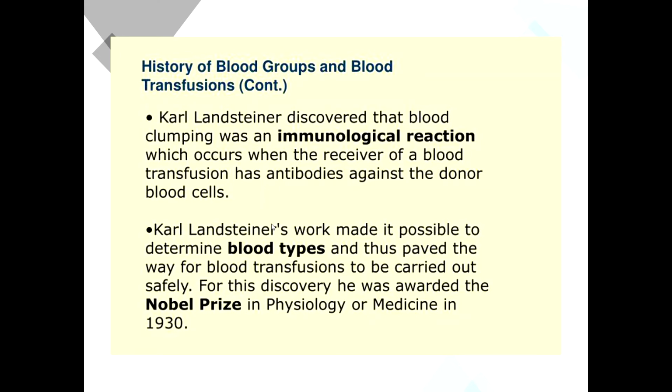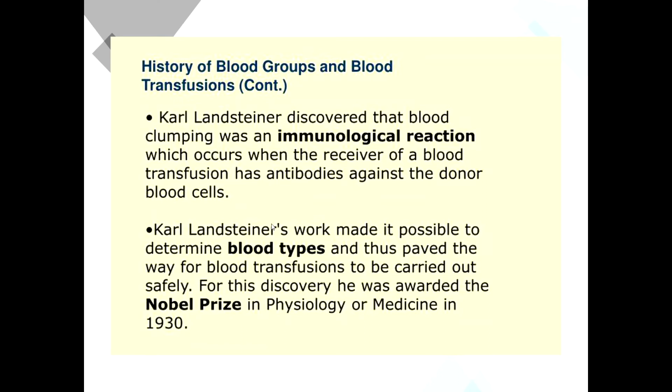And so what he did, in order to determine these blood types, was start mixing bloods of different types. And he found that on the red blood cell, there are certain proteins.